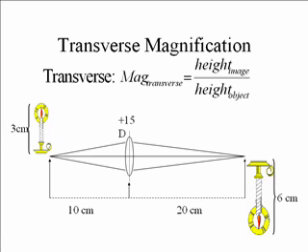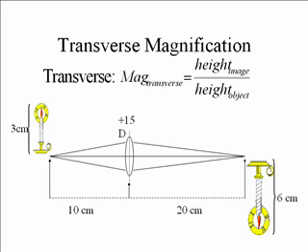So let's look at this problem here. Let's define, first of all, what we're going to be talking about. Transverse magnification is the height of the image. And by height, what I mean is the direction of the image that is perpendicular to the ray of light that is passing from that image through the lens.